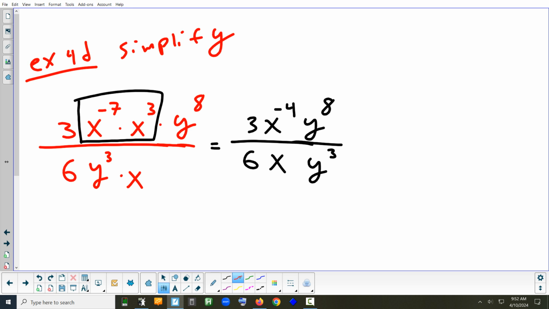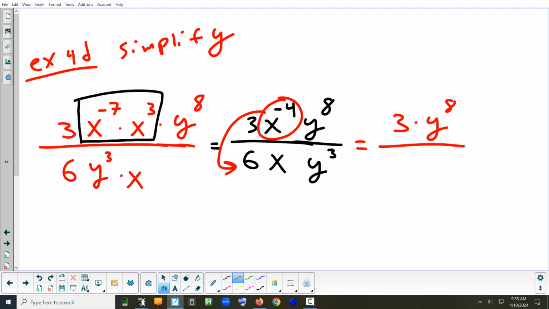The x to the negative 4. Is there anything else that needs to move? No. It's the only thing that's going to move. What's still going to be left in the top? 3 and the y to the 8th power.